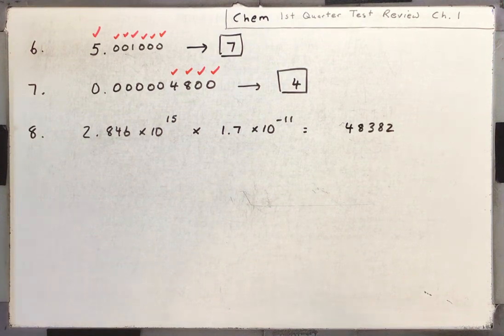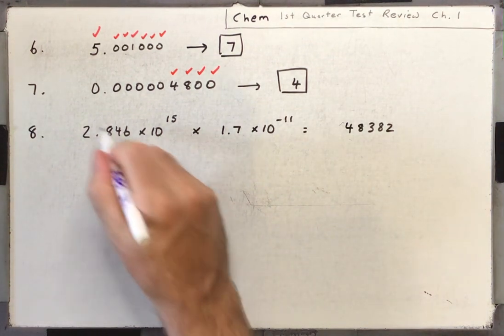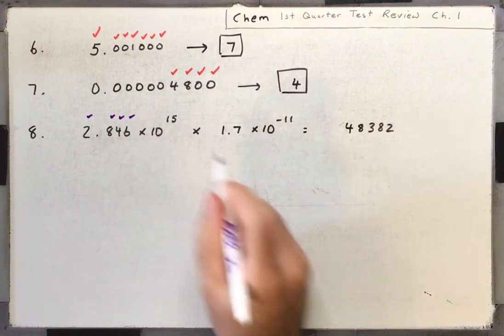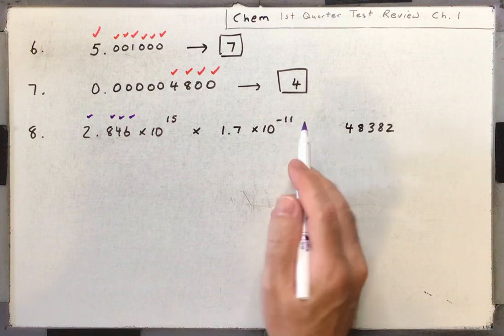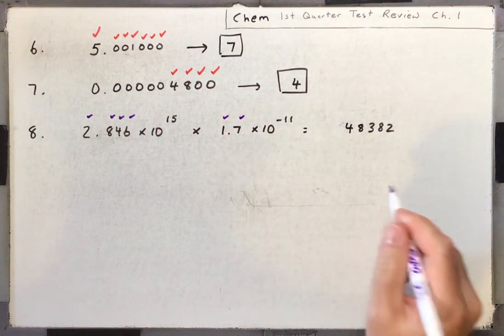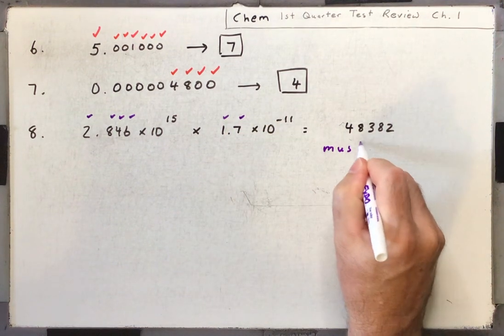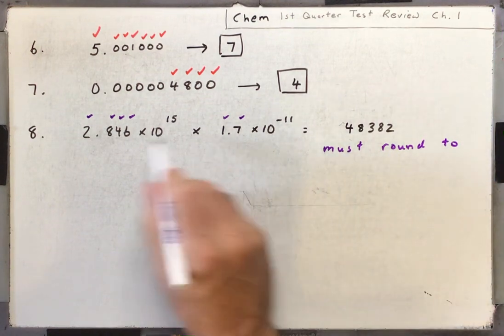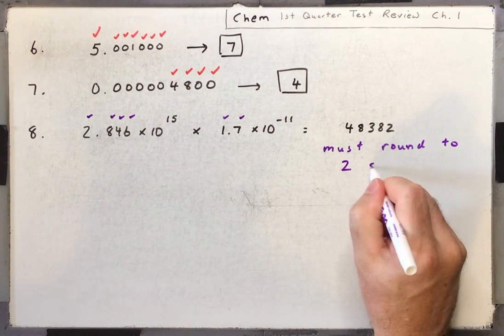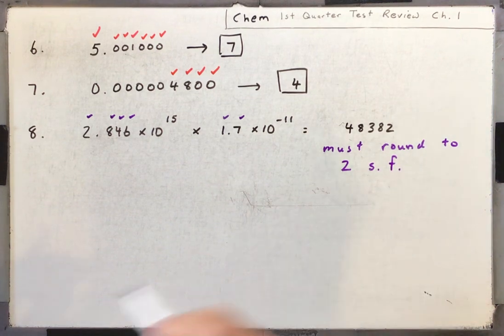Now, how many significant figures do we have here in this number? We have 1, 2, 3, 4. How many do we have right here? So you don't count the 10 to the 15th or the 10 to the negative 11. We have 1, 2. So we must round to the lower of the 2. So that'd be 2 significant figures.